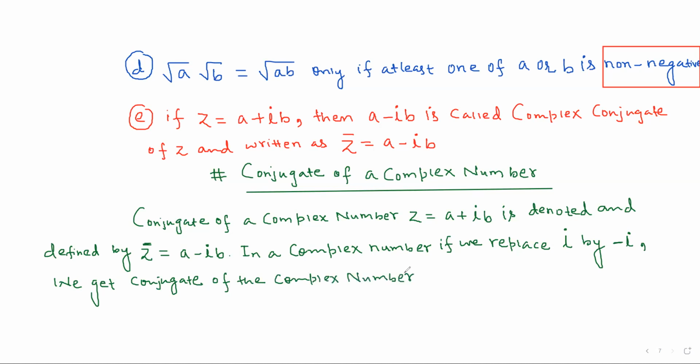Any complex number, full stop. So finally, Z bar is the mirror image of Z about the real axis.